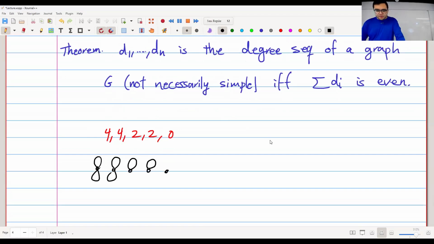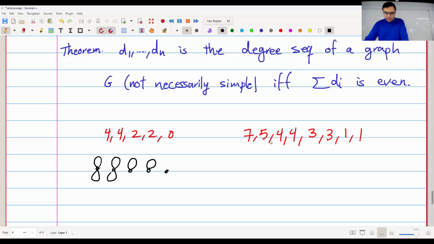So let's say I just create one vertex for every element in here. Let's say I have 4, 4, 3, 3, 1, 1, and let me just add a 5 here and a 7 as well. So let's say these are my degrees. I just create one vertex for each one of these degrees.